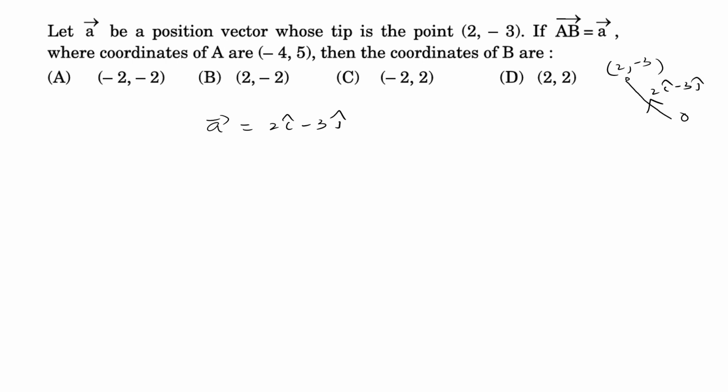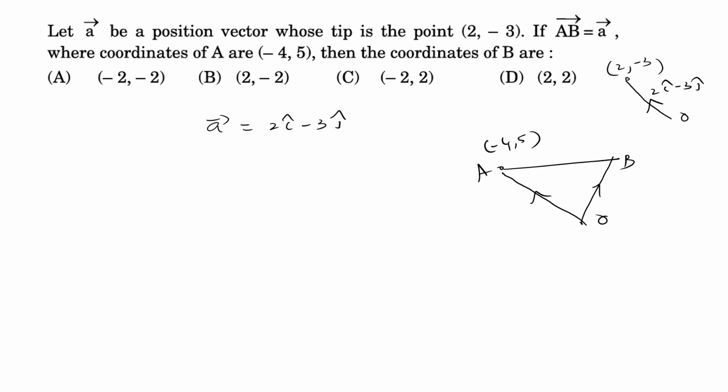That's what they mean. Now, you have a point capital A, you have a point capital B. All points are fixed with reference to the origin. Capital A has coordinate as minus 4, 5. Capital B we don't know. That is what we need to find out.